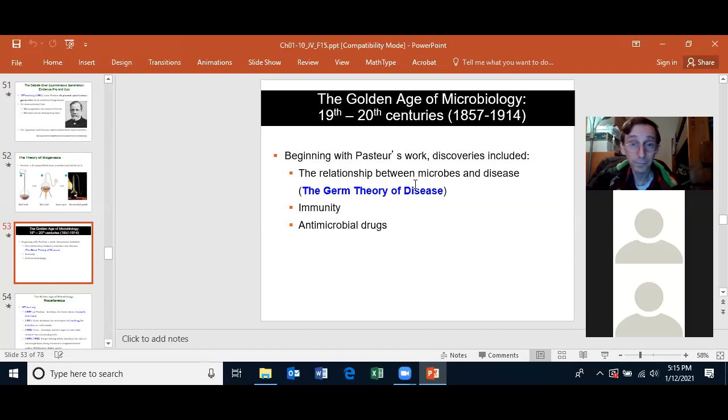Extremely important. Out of that came the concept of immunity, that we have an immune system that can protect us from germs that cause disease. And then out of both of those came the concept that we can make drugs which work against microbes, antimicrobial drugs. And the best ones of these are antibiotics, and we'll talk about that shortly.